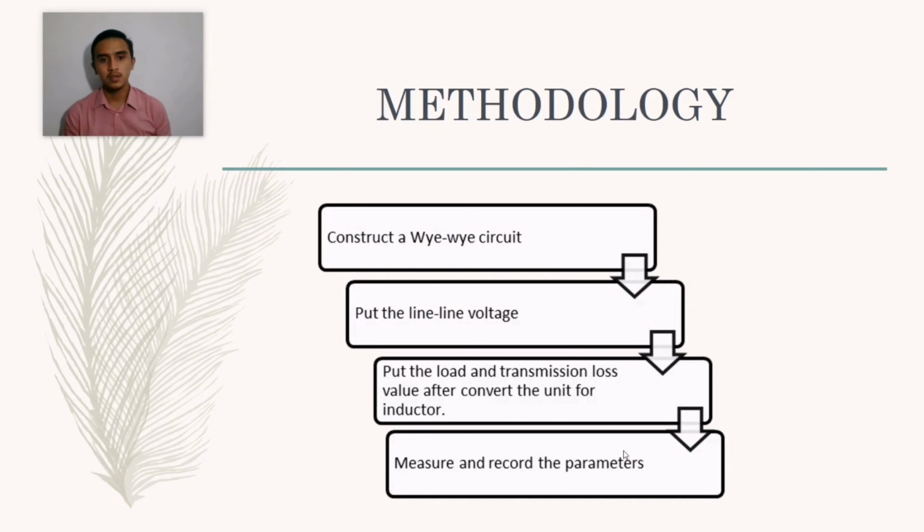Moving to the methodology, we have to construct a Y circuit and then put the line voltage value, where every student got a random value of their own. The next step is to put the load and transmission loss value after converting the unit for the inductor, and measure and record the parameters.